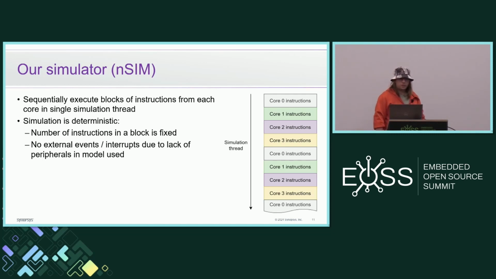The simulation is deterministic, as the number of instructions in that code block is fixed, and there are no external events or interrupts. In this case, there were no peripherals in the model we were using, just because we were bringing up the core stuff. We don't need this peripheral stuff.